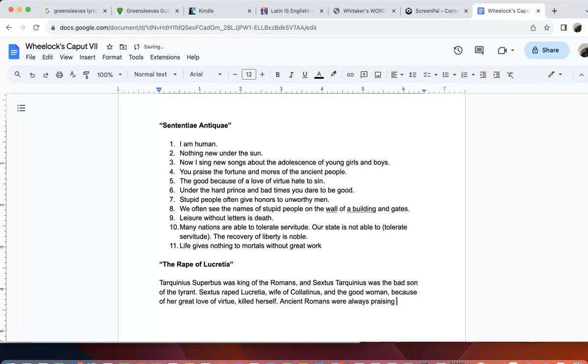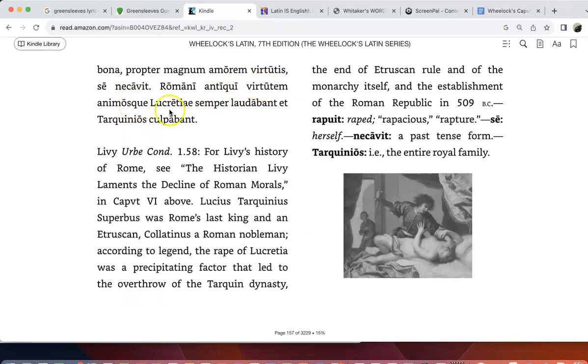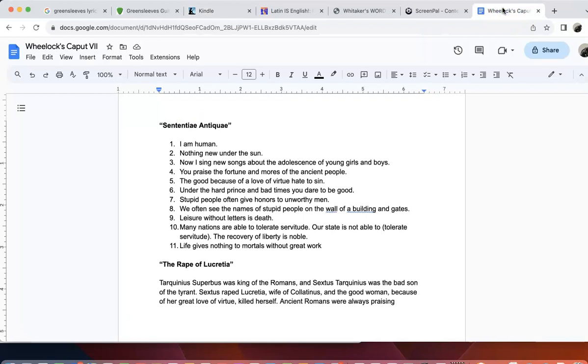This is going back to earlier chapters as well. And then praising what? The virtue and courage of Lucretia.